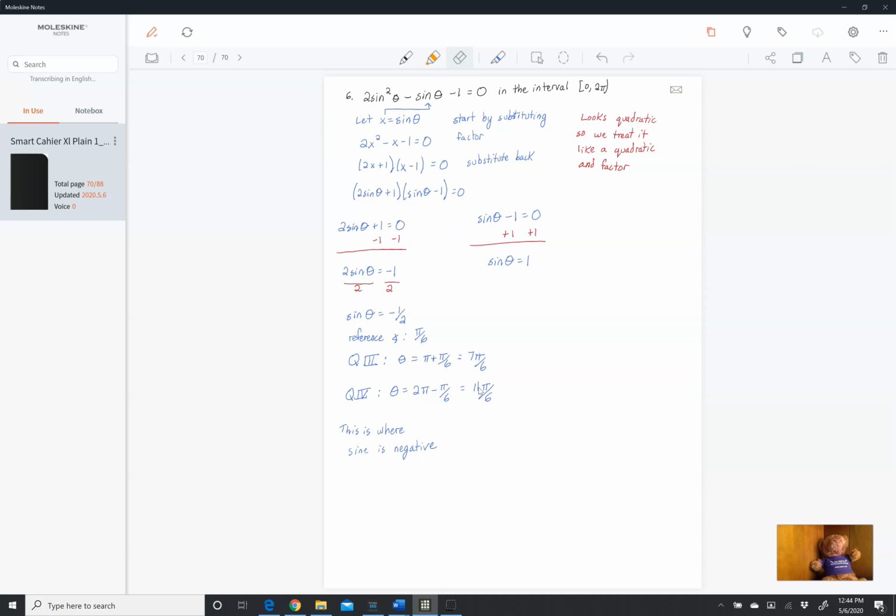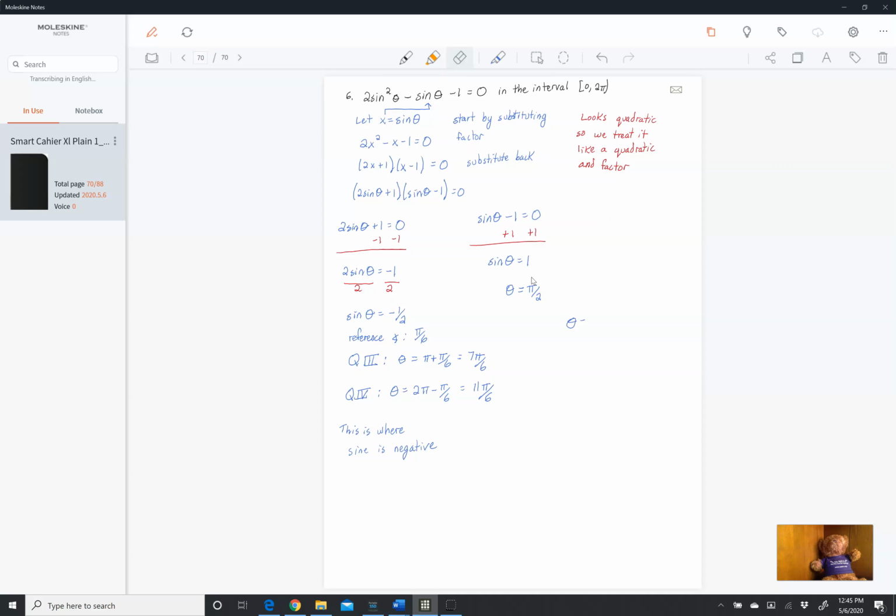Okay. Sine of theta equals 1. Well, this is on the unit circle where the sine equals 1. This is where our y value equals 1, and there's only one place. There is no reference angle here. It's on the axis, so our theta is equal to pi over 2.